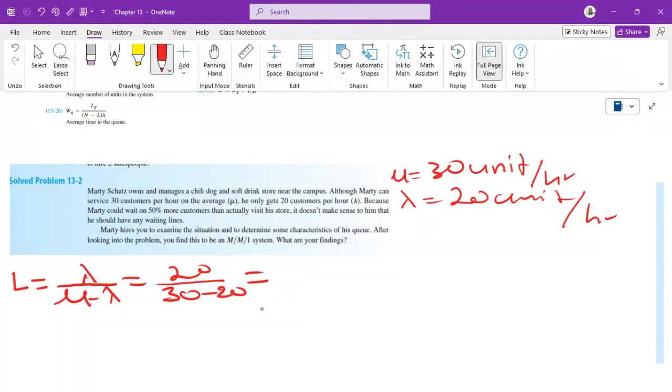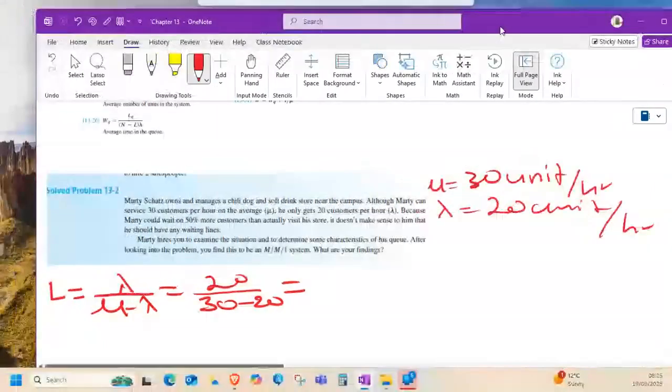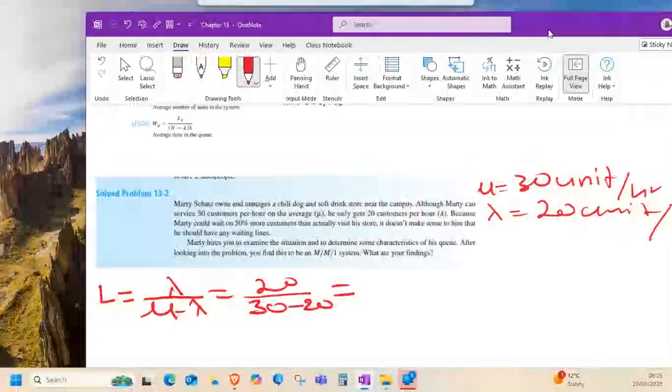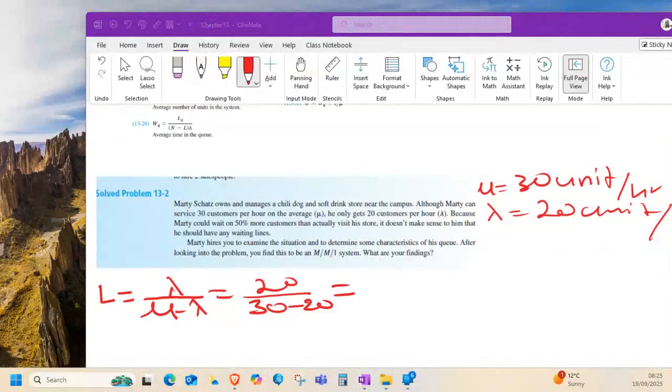I want to see if I can bring my calculator because I'm working from home. Let's see. This one. I don't have mine.